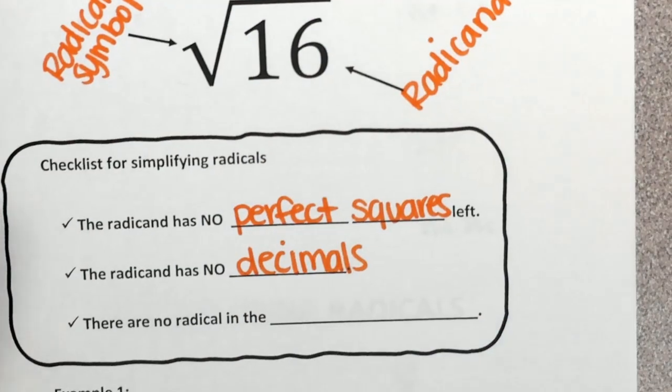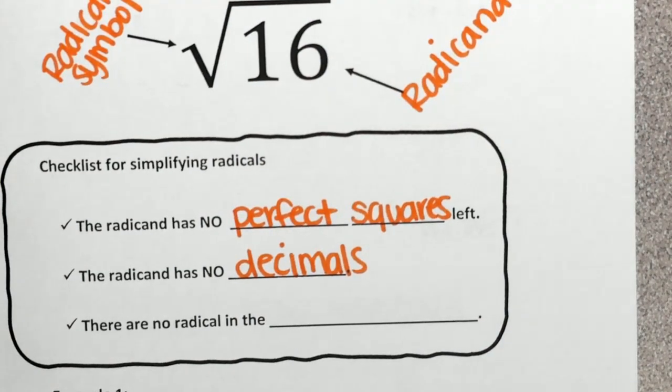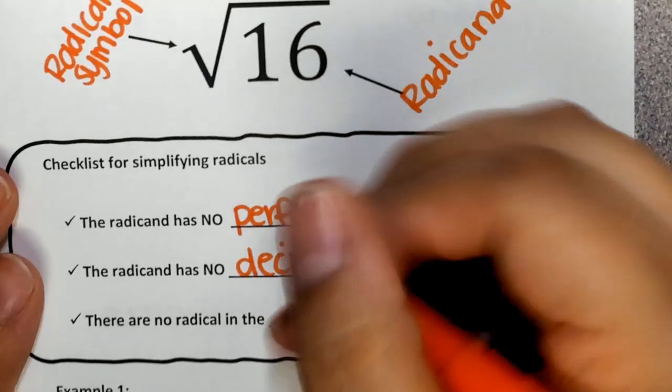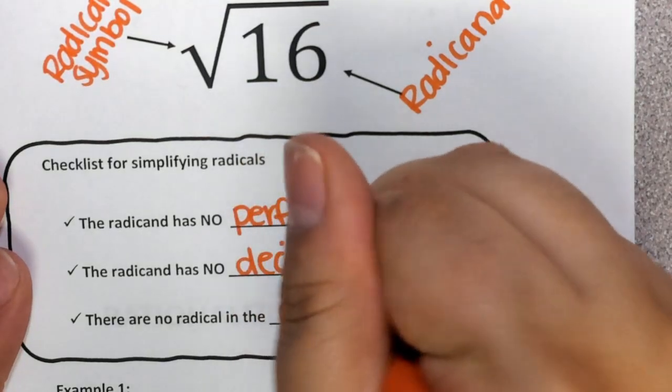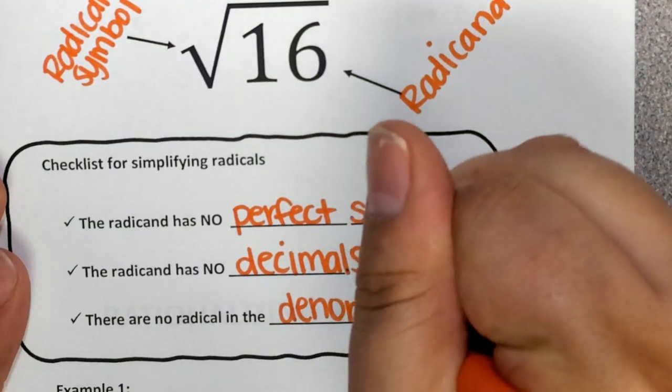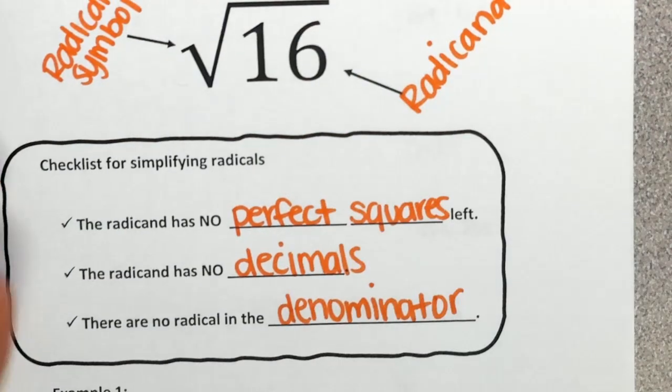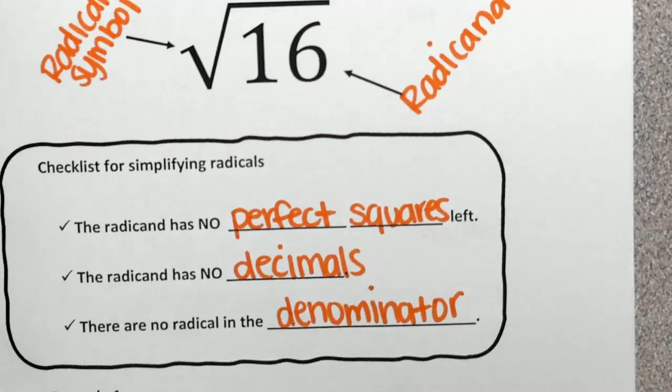We are giving exact answers when we simplify radicals, and decimals are not exact, because you round, you're doing an approximation. Last but not least, there is no radical in the denominator. When we start dividing and having fractions, you cannot have a radical in the denominator.